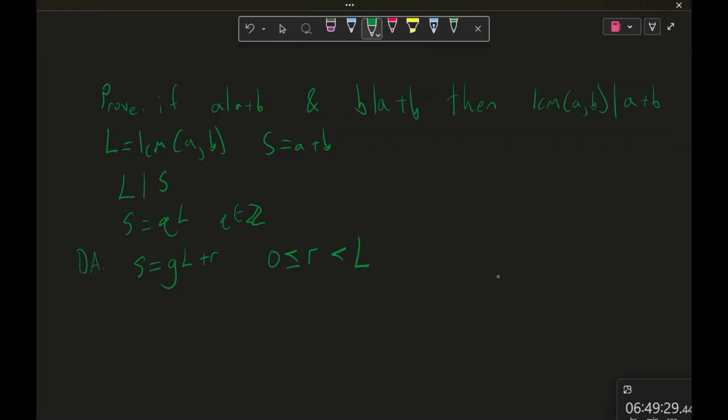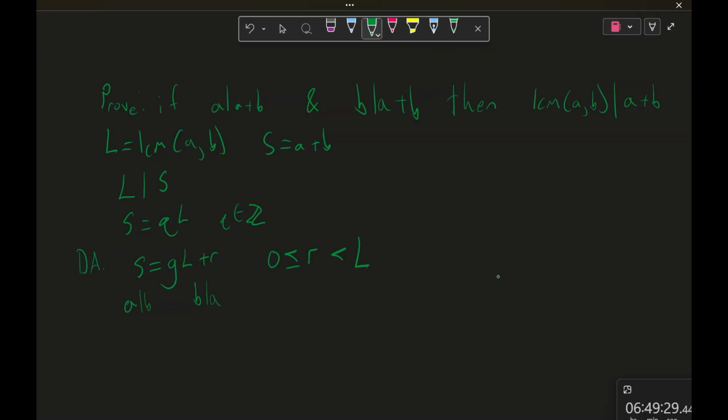Okay, so then the next step, we know A divides A plus B. Thus, A divides B by the divisibility of integer combinations. So A divides B and B divides A. Those are both true.